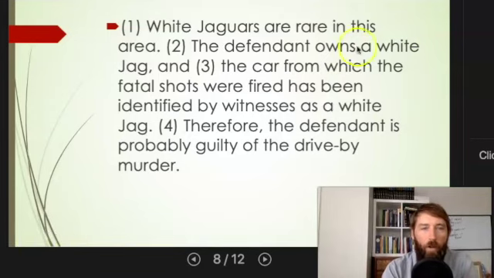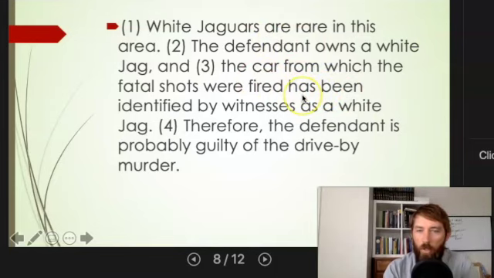Similarly, if all we have is white Jags are rare in this area and the car from which the fatal shots were fired was identified as a white Jag, if we're leaving out 2, then we still don't have enough evidence. It destroys the support because we have no connection between the defendant and the car.